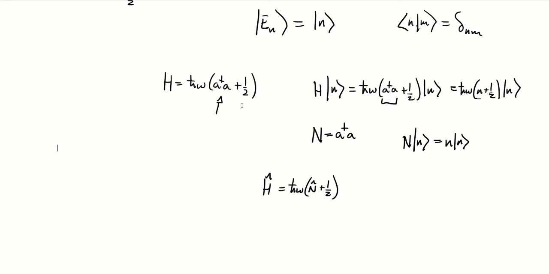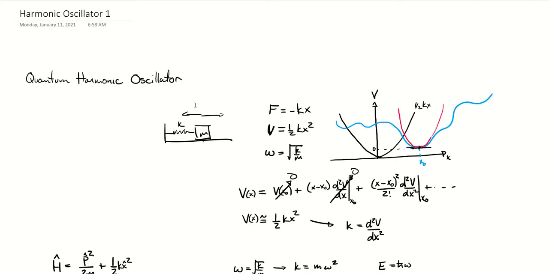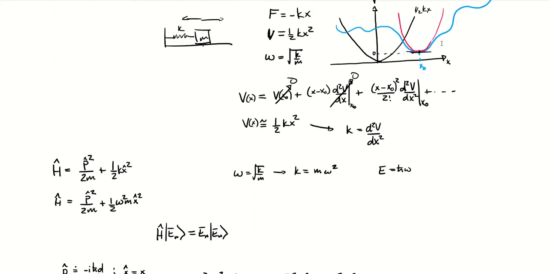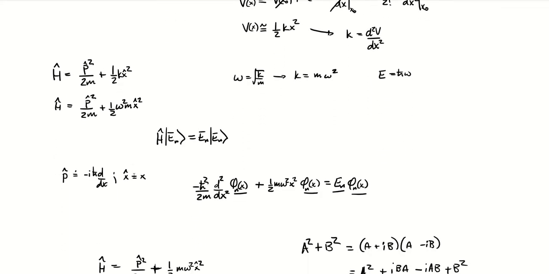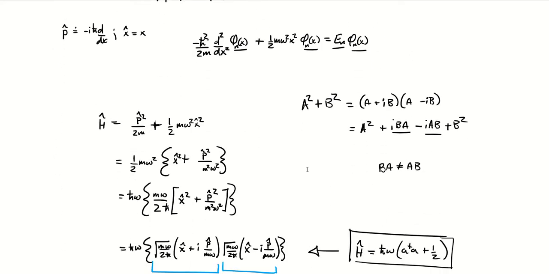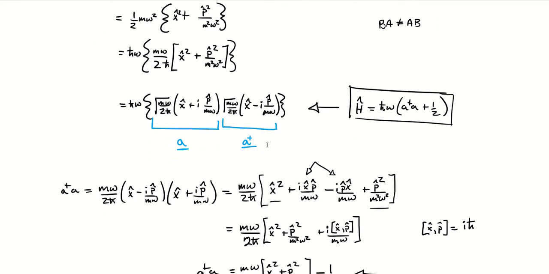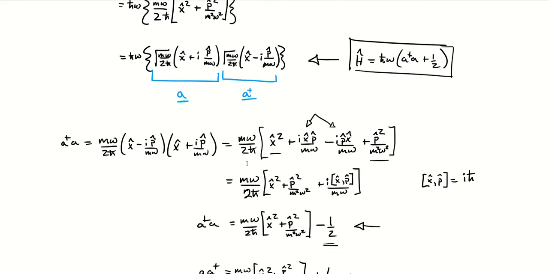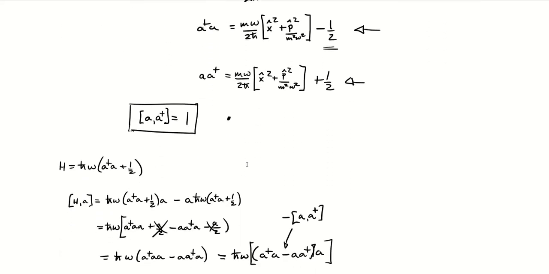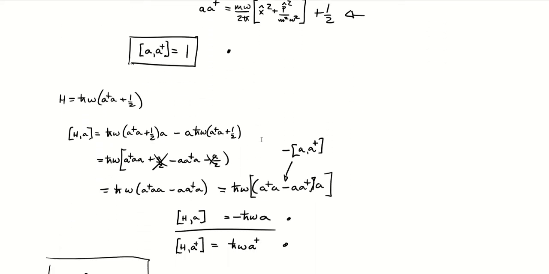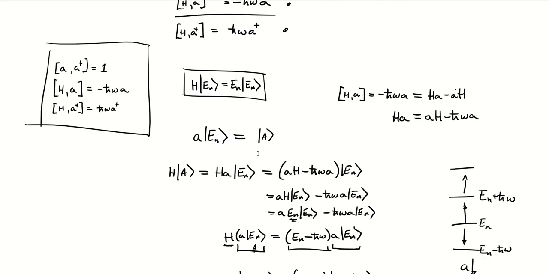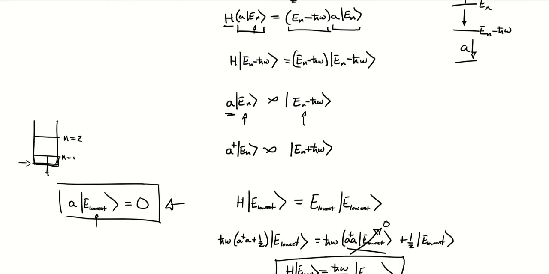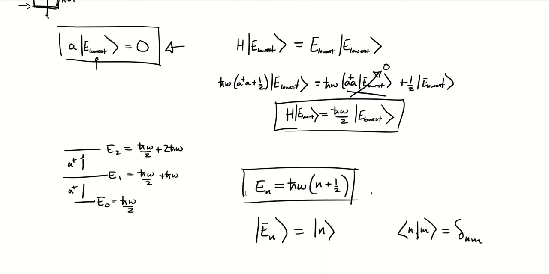So to recap, we've discussed the harmonic oscillator in quantum mechanical terms and derived a Hamiltonian for it. We defined these two raising and lowering operators, and using only the commutation relations between those operators and the Hamiltonian, we were able to derive the entire energy spectrum of this system.